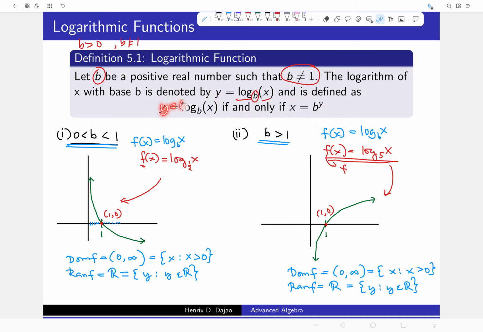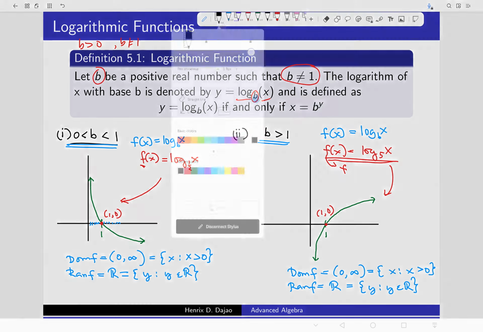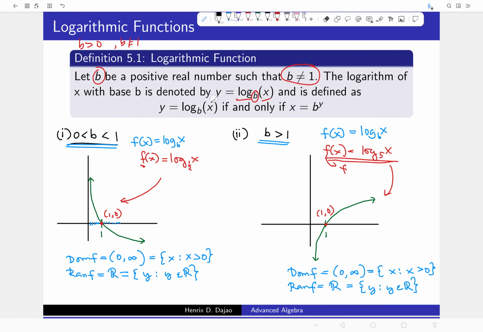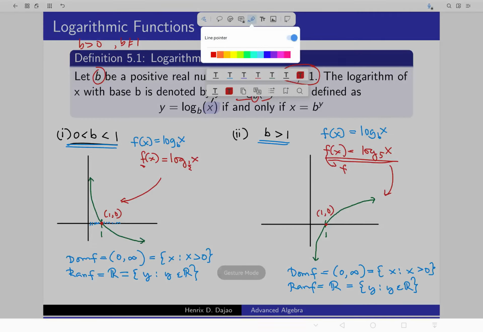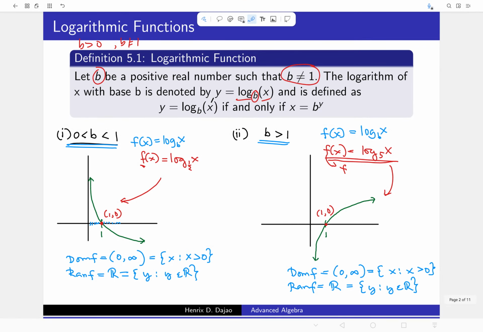So y equals the logarithm of x with base b. If you're going to convert this to its exponential expression, this becomes your x here, your b is our base, of course, and the y is actually our exponent. So the answer for a logarithm is an exponent.